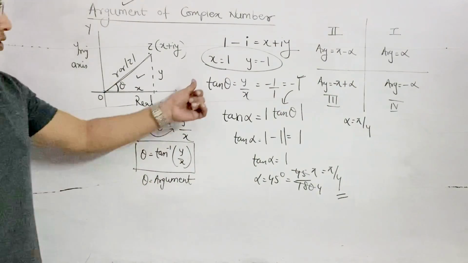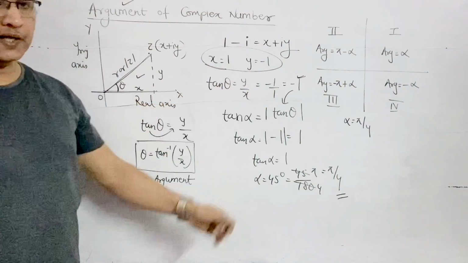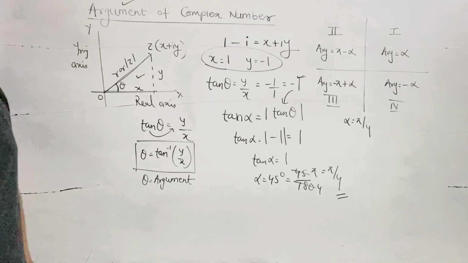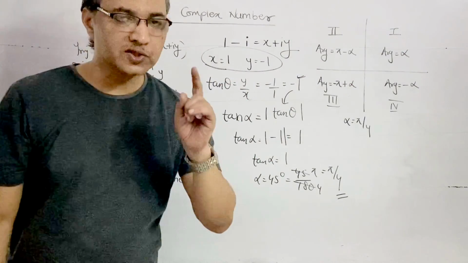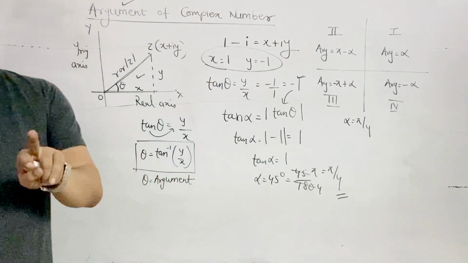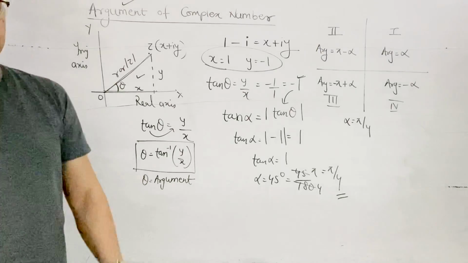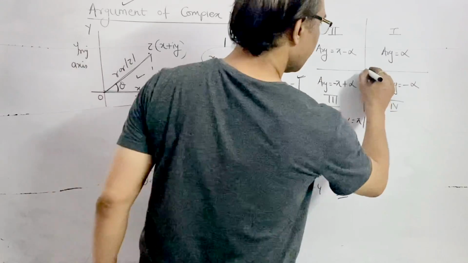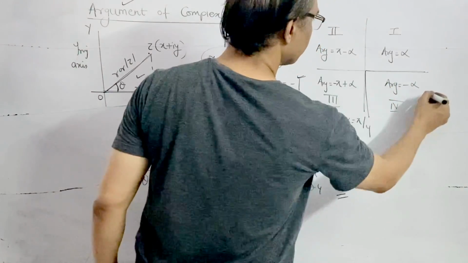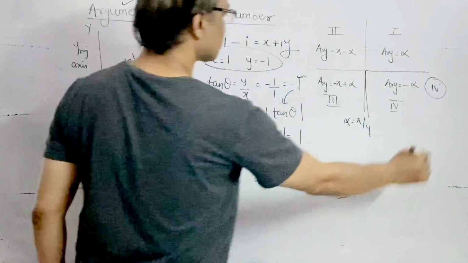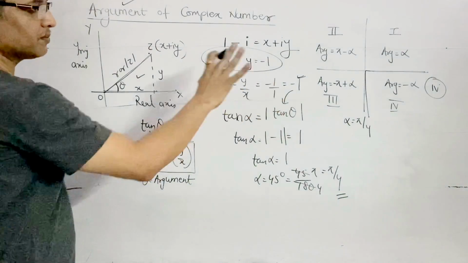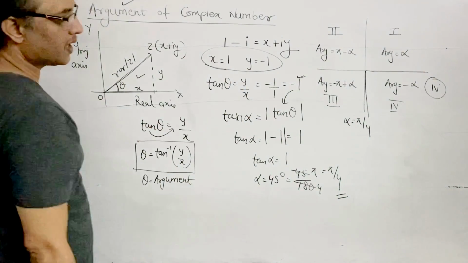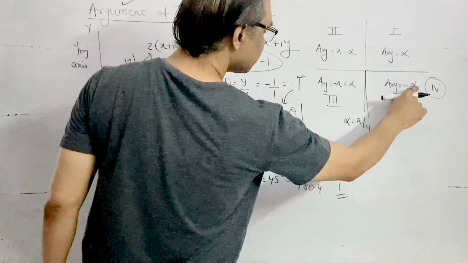You can see that the value of x is positive and y is negative. X positive and y negative, we know, lies in the fourth quadrant. So our complex number lies in the fourth quadrant, and the fourth quadrant argument is minus alpha.